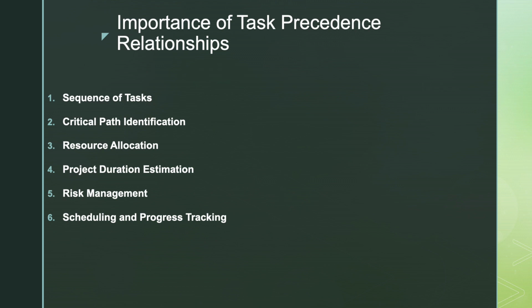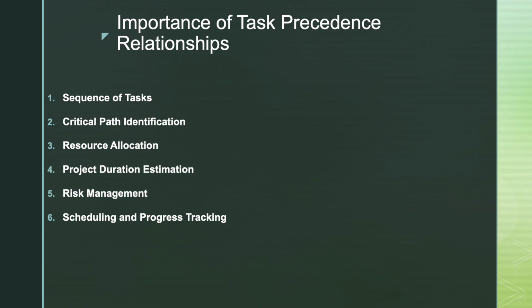So why is this important? Well, first, it helps us with sequencing. Task precedence relationships determine the order in which tasks should be performed. This ensures that tasks are completed in the correct sequence to avoid confusion and potential rework. It also helps us identify the critical path.